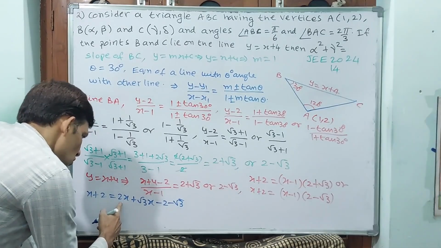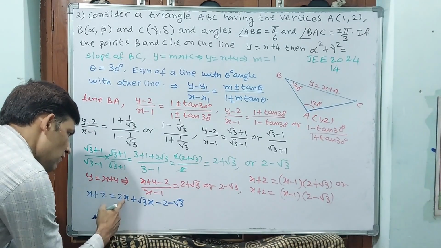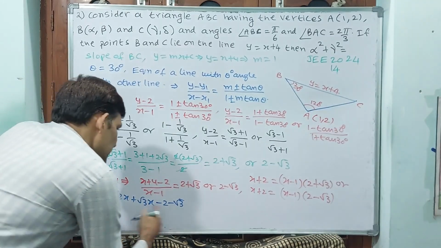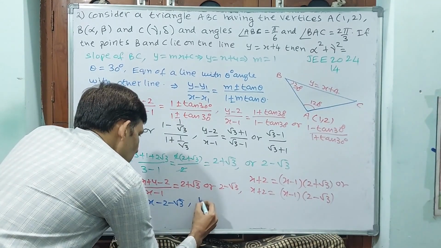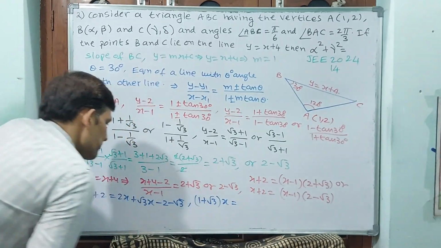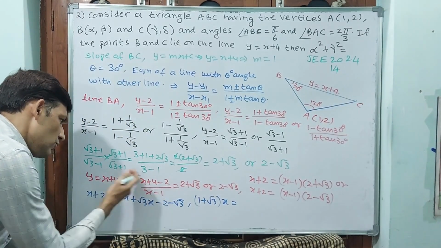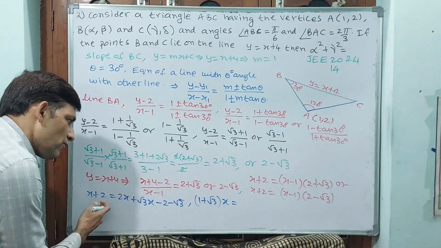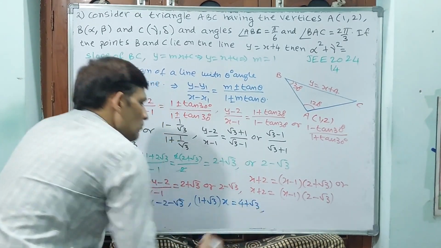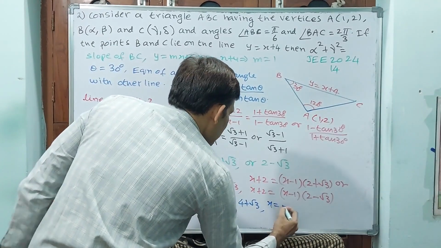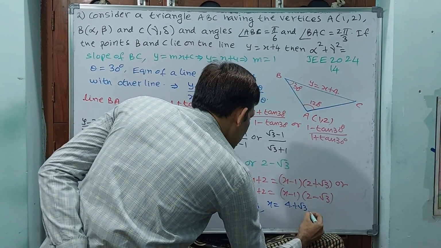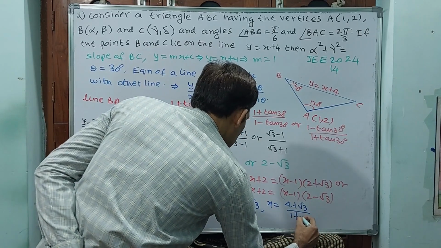See, this 1x comes here. x plus 1 plus root 3 into x, 1 plus root 3 into x this side. It goes this side, 2 plus 2, 4, 4 plus root 3. Or else what is x value? x value is 4 plus root 3 divided by 1 plus root 3.